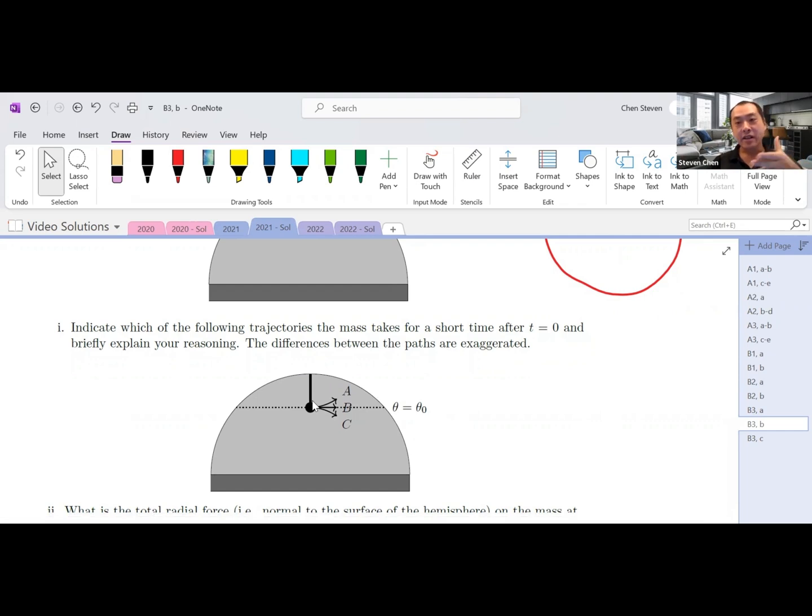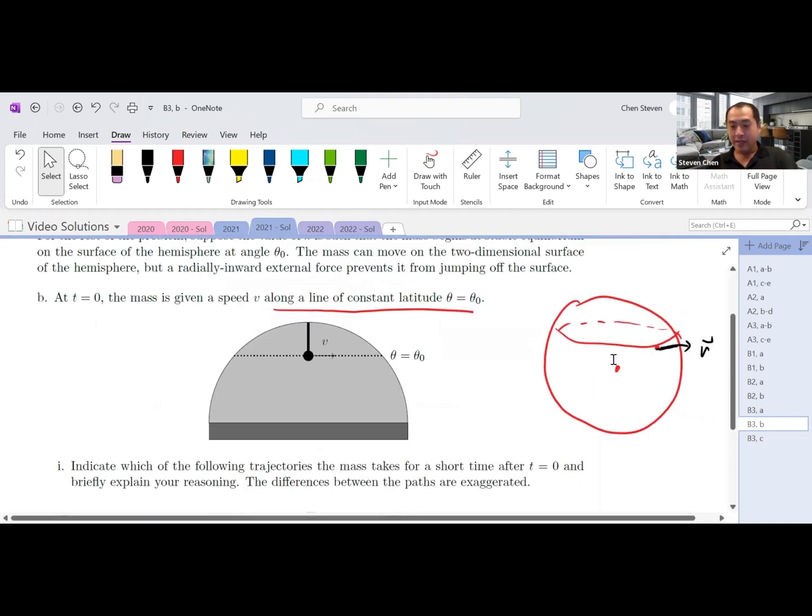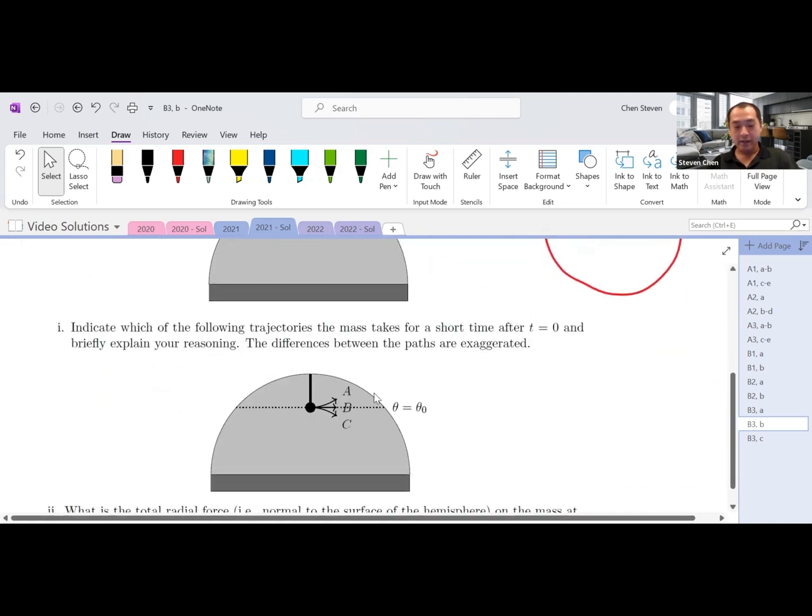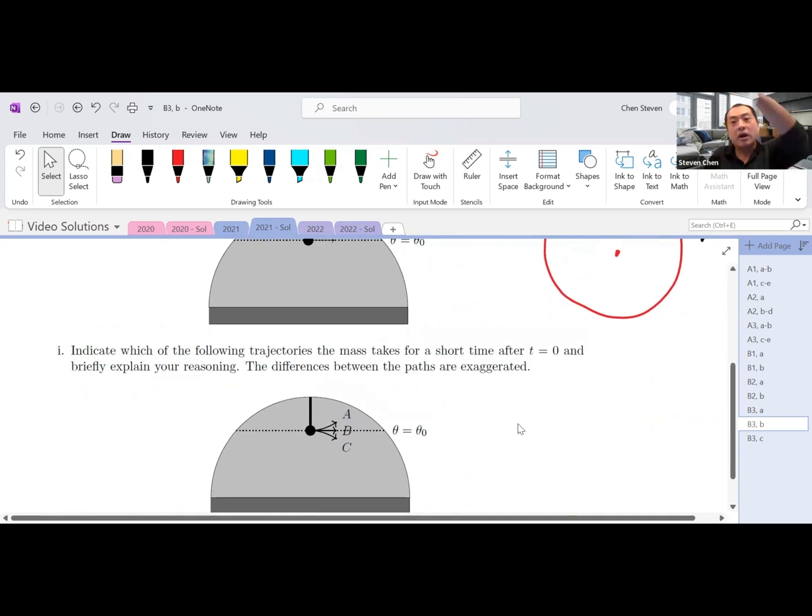But now I give it the initial velocity in direction B, in the latitude direction. I'm wondering whether, after a short moment, it remains on the given horizontal circle that corresponds to the same latitude, that is, it moves towards direction B, or it will go up to the North Pole, or go down to the equator.